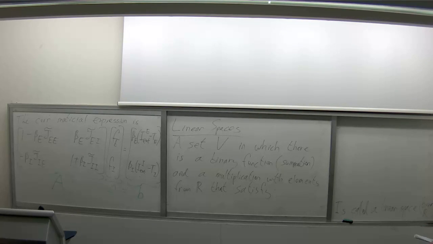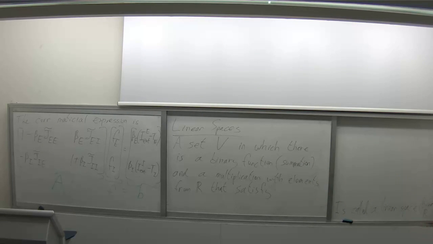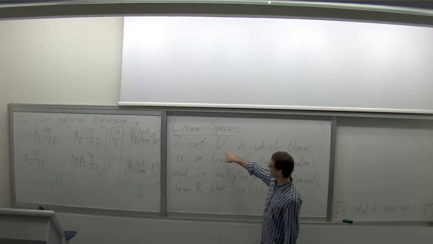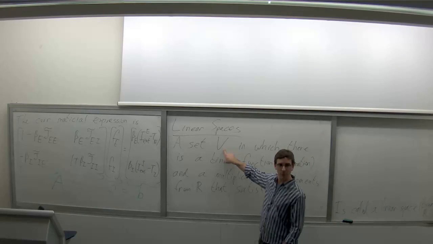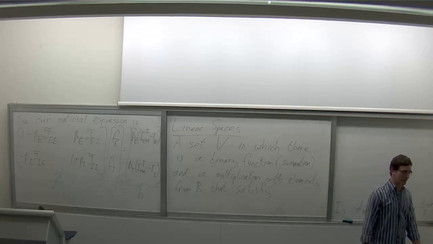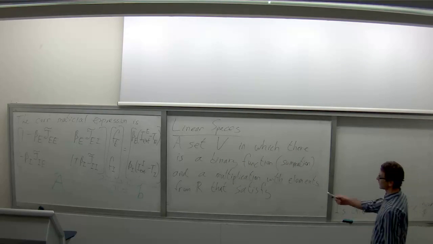Okay, so what did I write? I didn't say anything yet, but this is how it looks. What do we need to have a linear space? I have to give you a set V of elements. These elements can be anything: numbers, chairs, students, anything. We just need a set.